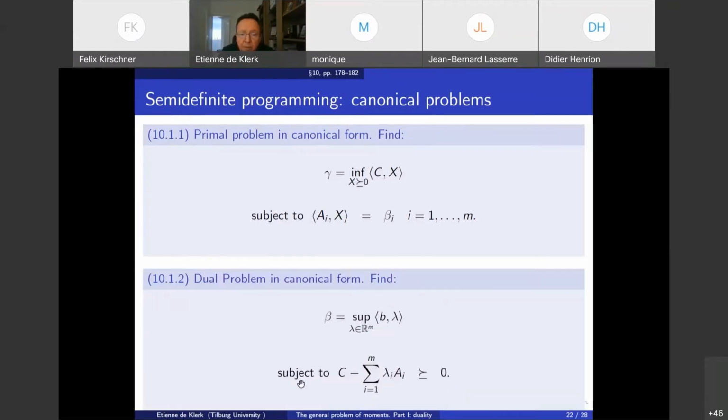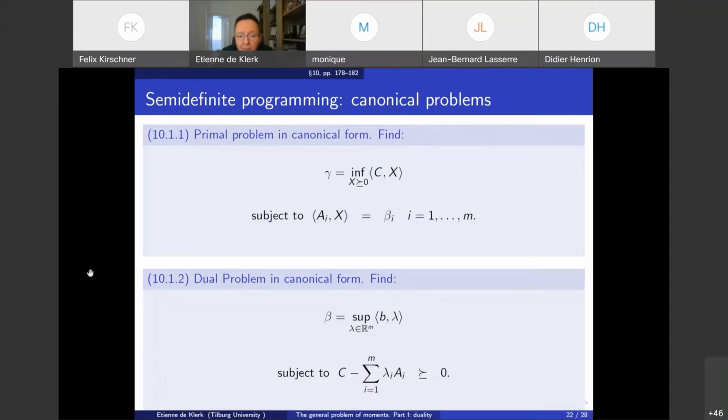So we know what the dual operator looks like. So the dual constraints become C minus this combination of the A's positive semi-definite, and the dual objective is in terms of the components of this vector lambda. So this is just the inner product in Rm, the usual Euclidean inner product.